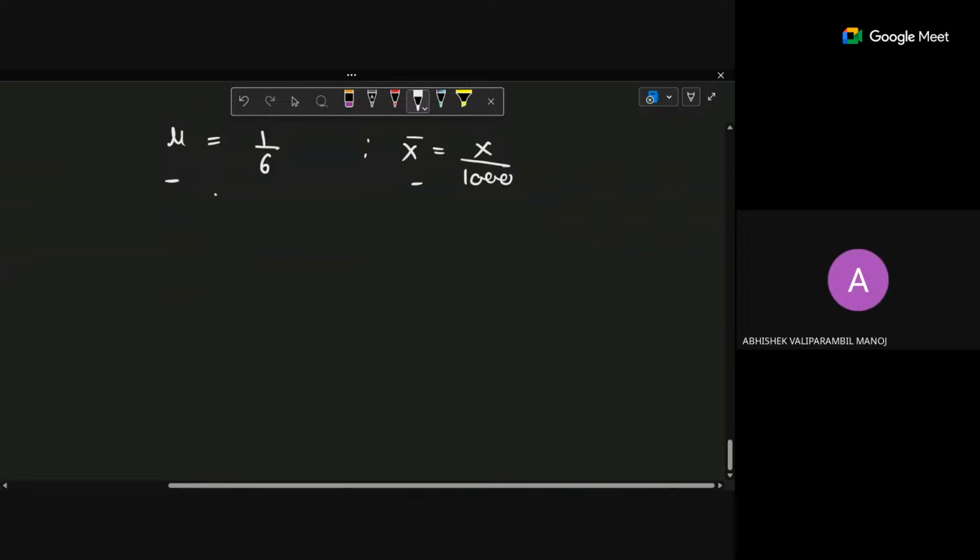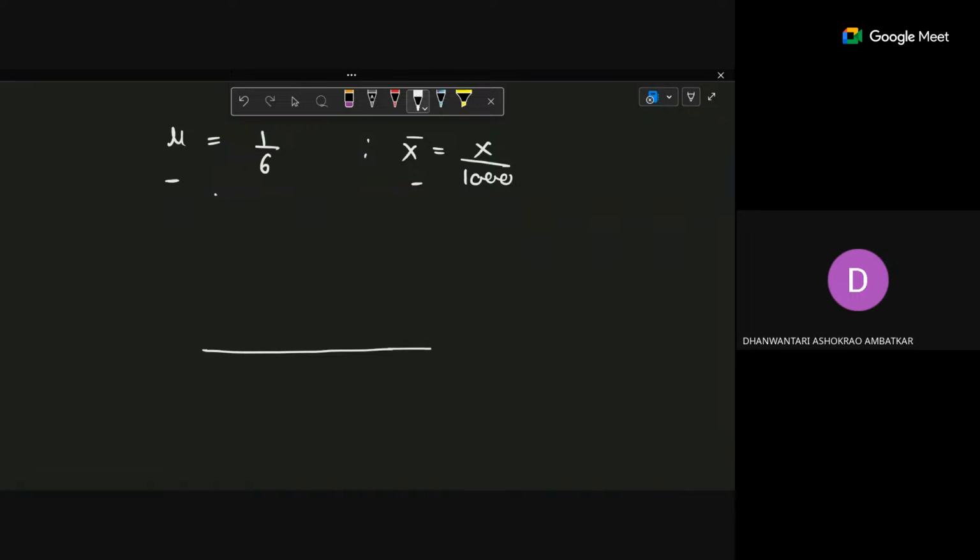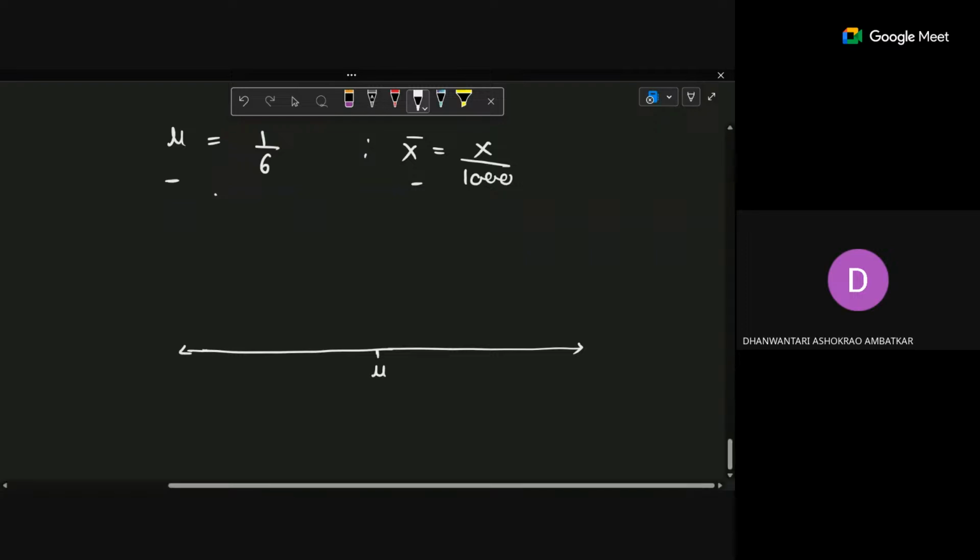X by 1000 means how many times you are getting 6 after trying. You tried 1000 times and count how many times you get 6. The thing is, X bar can be close to mu, but it may not be exactly mu, because it will have some amount of variation.